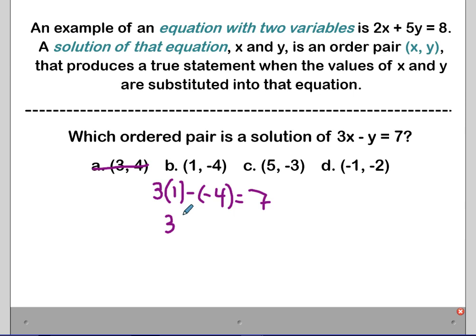Minus negative 4, I can actually turn into positive 4. So 3 plus 4, we know that this in fact does equal 7. So we're lucky it's option B. We don't have to go through all four problems. So B would be your ordered pair that is a solution to the equation 3x minus y equals 7.